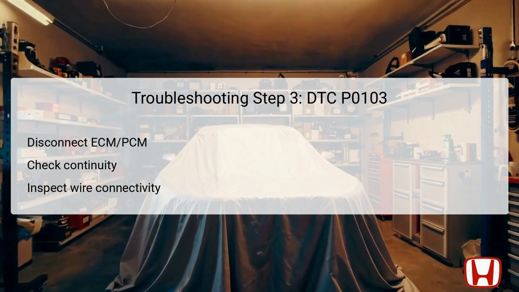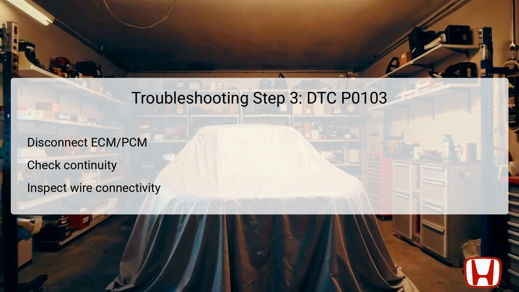After disconnecting, you will need to measure the continuity between the MAF sensor, IAT sensor, 5P connector terminal 4, and ECM/PCM connector terminal A9. Having continuity indicates that the wiring is intact and not damaged, which is vital for the proper functioning of the MAF and IAT sensors.